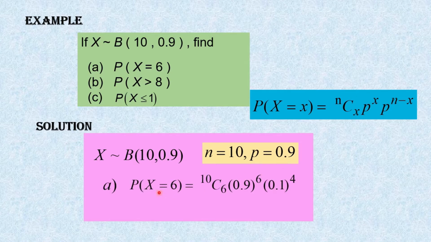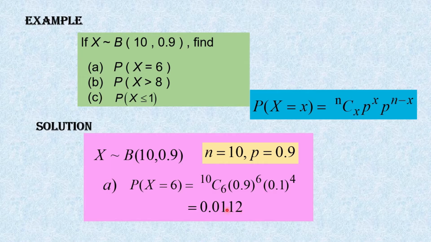A, probability X equals 6. So out of 10 trials, the probability X equals 6: we substitute n with 10 and x with 6. p is 0.9, so 0.9 to the power of 6. q is 0.1, so 0.1 to the power of 4. Simplify, you will get the answer 0.0112.